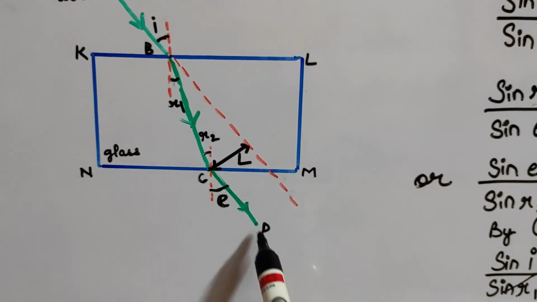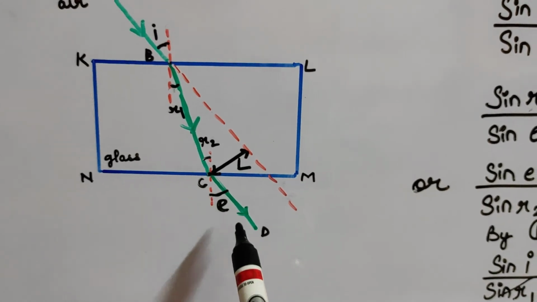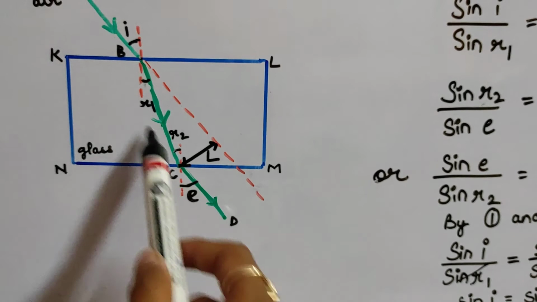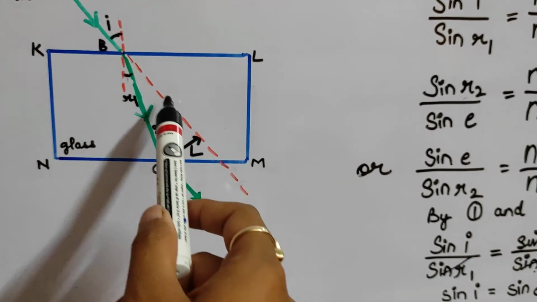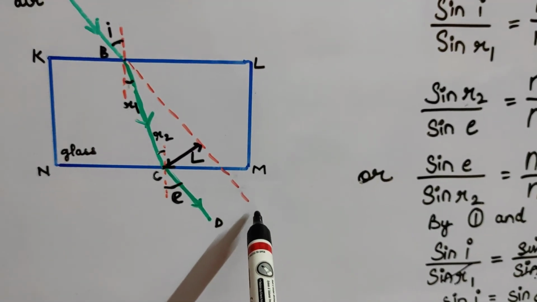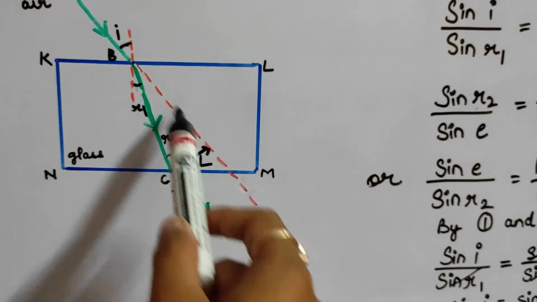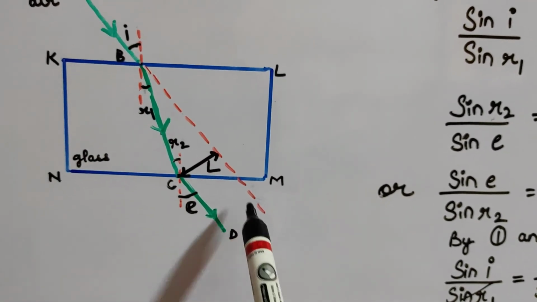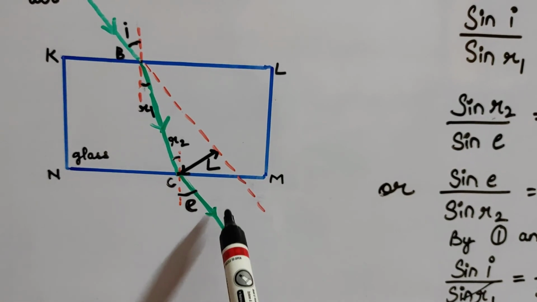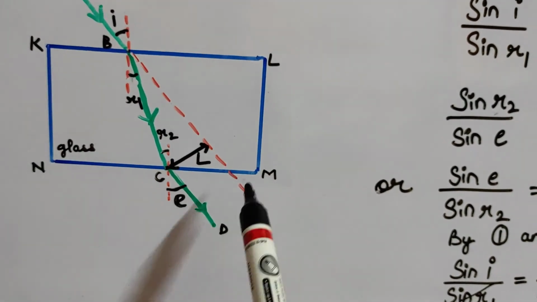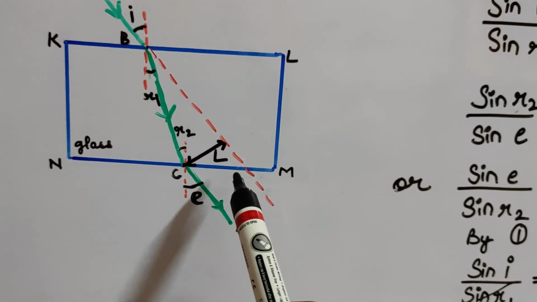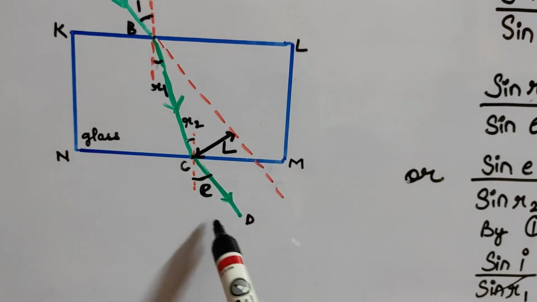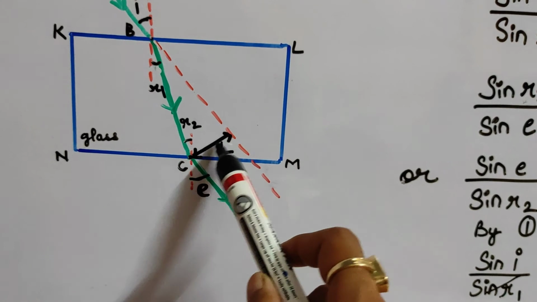But we know that these two rays are not in a straight line. As you can see, the straight line of AB is this extended line, but CD is not in a straight line with AB. So we can say that the emergent ray CD is shifted sidewards from the direction of the original incident ray AB, and this is known as lateral displacement.